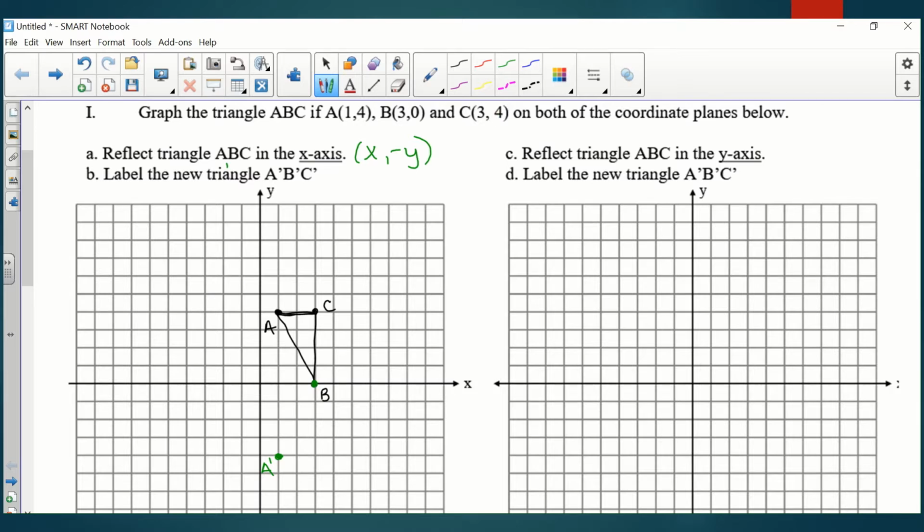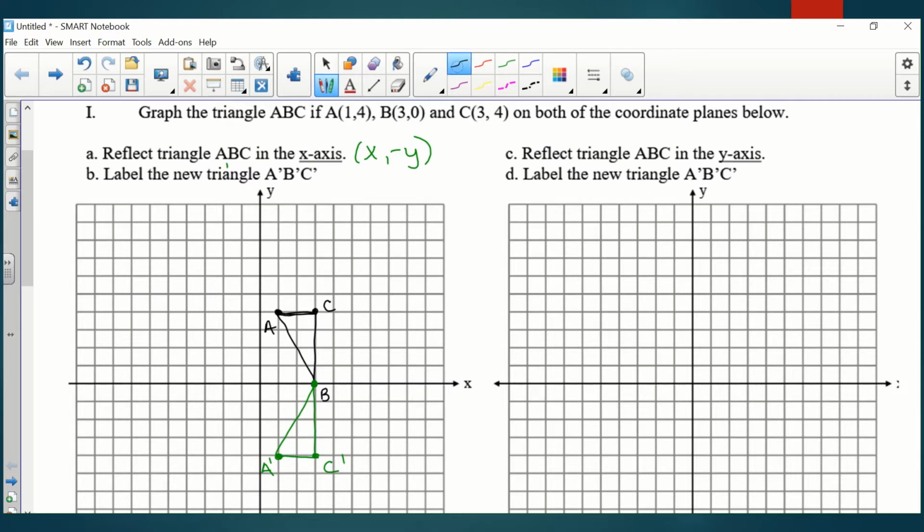C, which is at 3, 4, we're going to make C prime then at 3, negative 4. And again, this is either applying the rule or just counting and making sure we are equidistant from the x-axis below as we are above. So here's our reflected triangle A prime, B prime, C prime, and it's reflected over the x-axis.